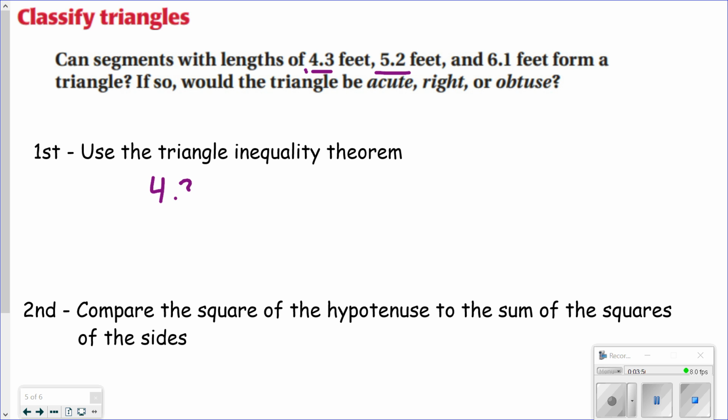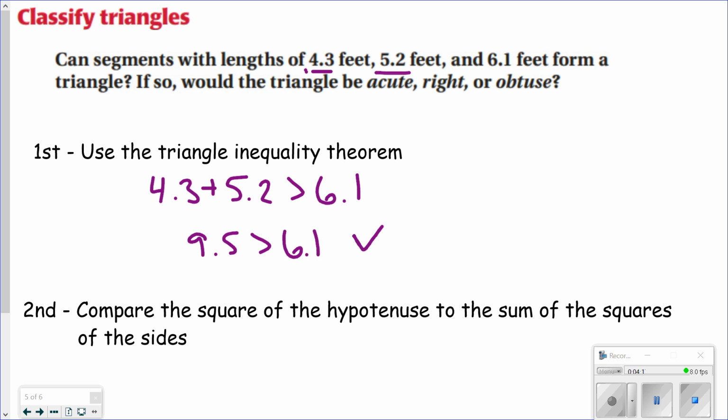If the sum of those two sides is greater than our longest side, which is 6.1, then it will form a triangle. When I add up 4.3 plus 5.2, I get 9.5. That is greater than 6.1, so it does create a triangle.